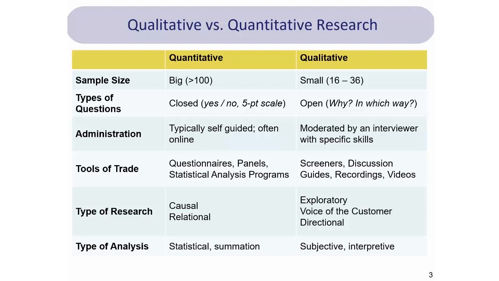Qualitative, as I mentioned earlier, is really getting at that why, so it's very open-ended. So you might ask somebody why they liked something, or in which way did it impact the way they felt when they read or saw a specific advertisement. And there's no set answer. It's how the individual that you're speaking to is reacting to something. So it's observational. It's very open and flexible.